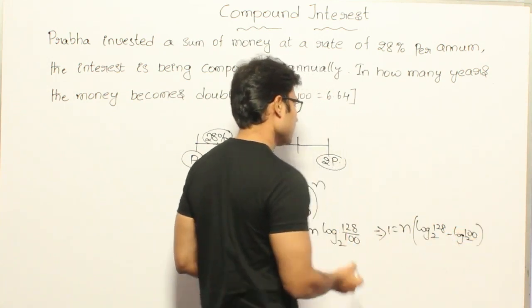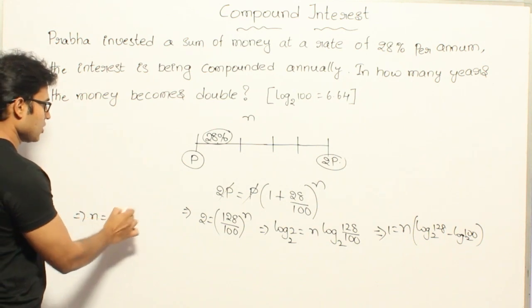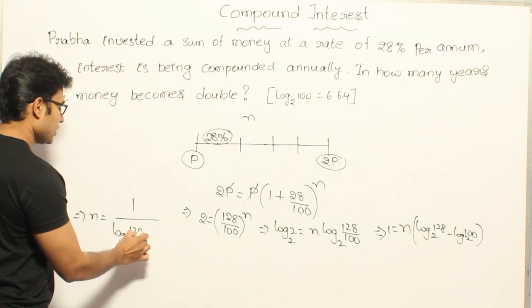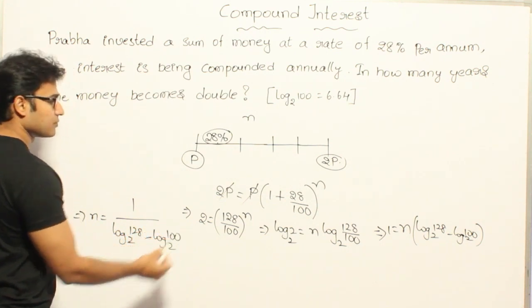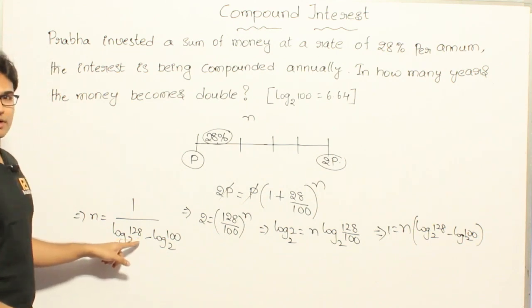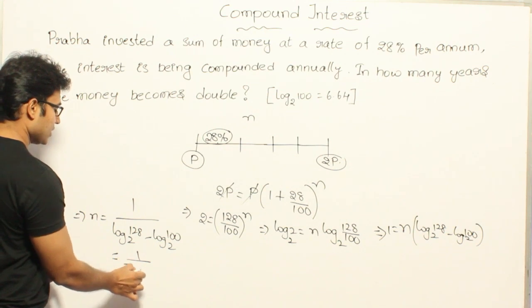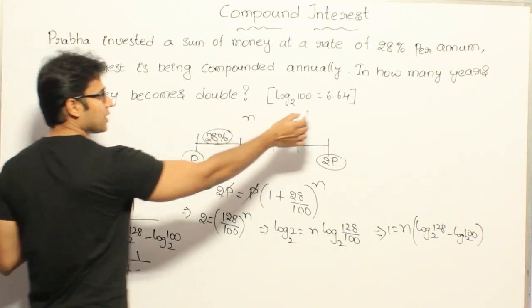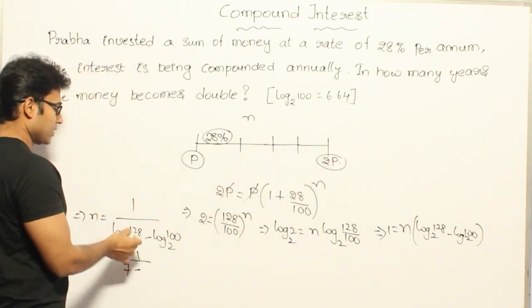That implies n equals 1 by (log 128 base 2 minus log 100 base 2). We know that log 128 base 2 is going to be 7. So 1 by (7 minus log 100 base 2), and log 100 base 2 is 6.64, which is already given.